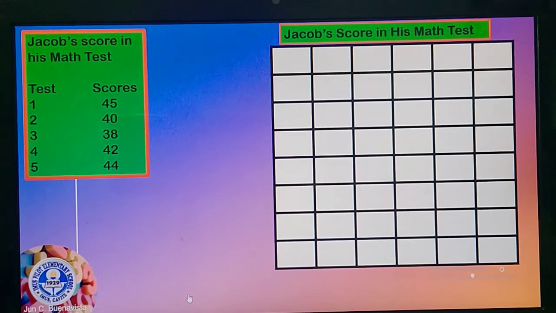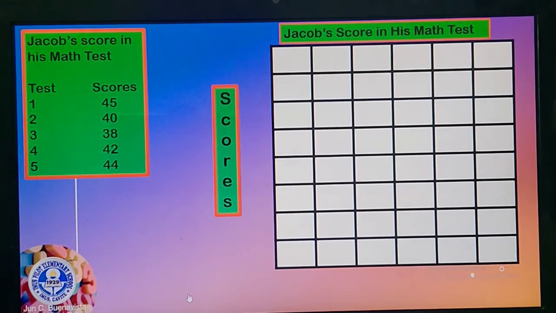Kailangan capital letter ang first letter sa bawat word, except what? The preposition. So, yung preposition natin dyan is in. So, that is why yung in, small letter lang ang I. But all the words, class, must capitalize the first letter.